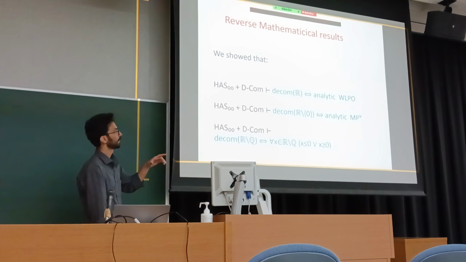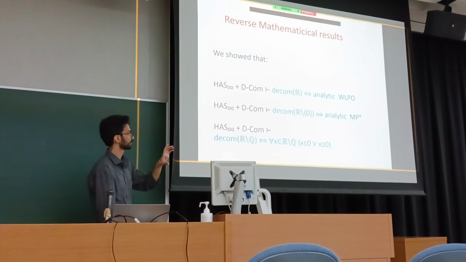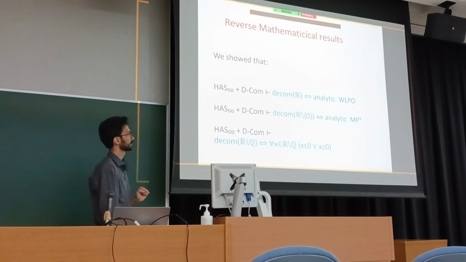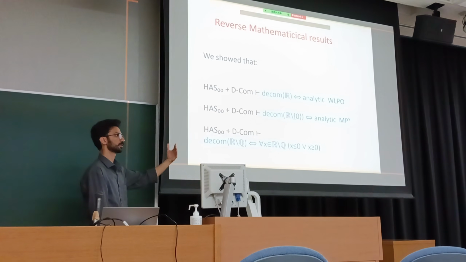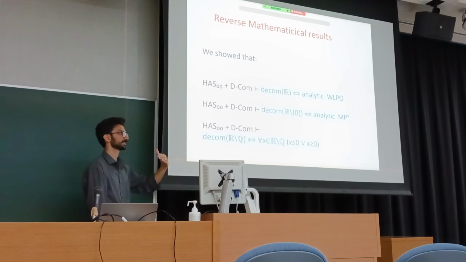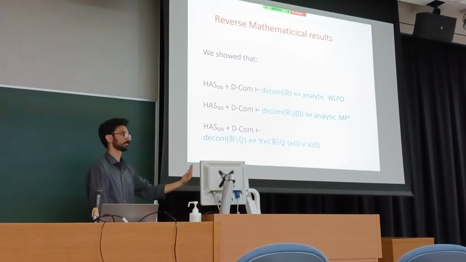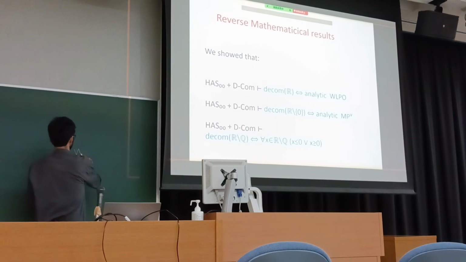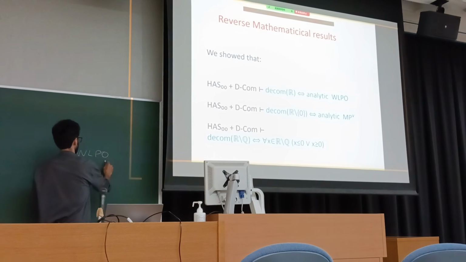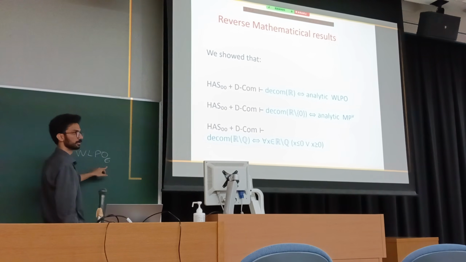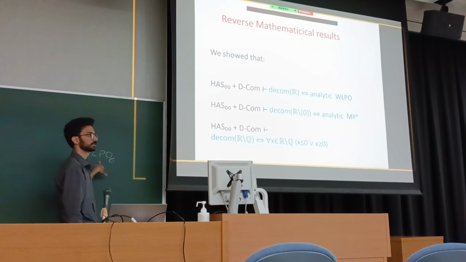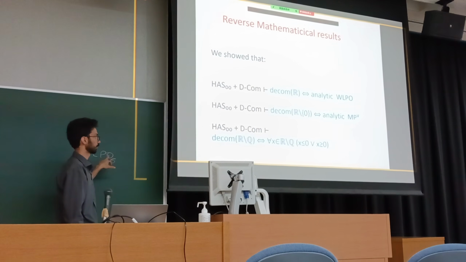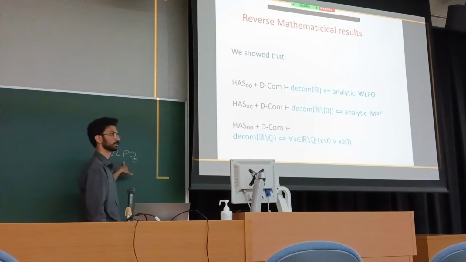One answer to your question is that we showed that the decomposability of R implies a sequential version of WLPO, which we denoted by this notation. It says that for every binary sequence alpha, either all terms are 0 or not.